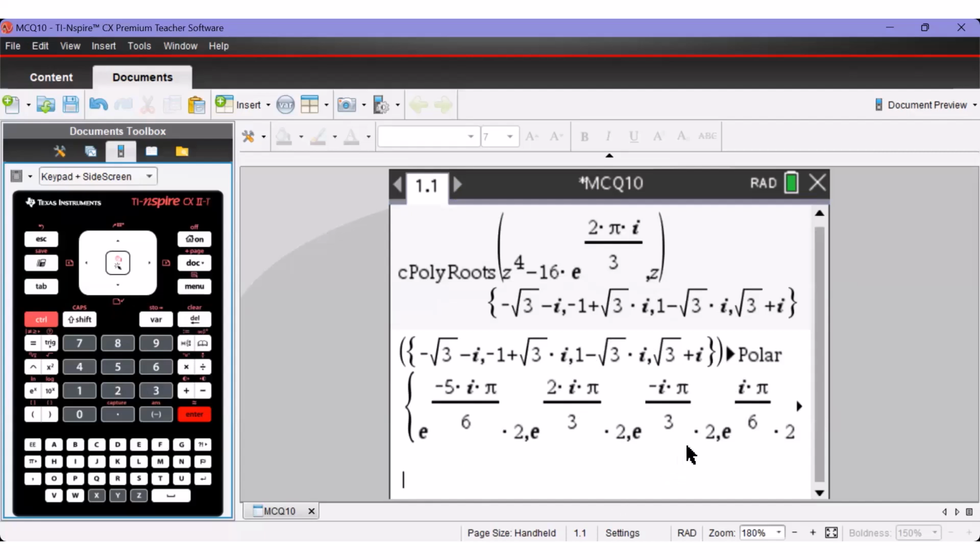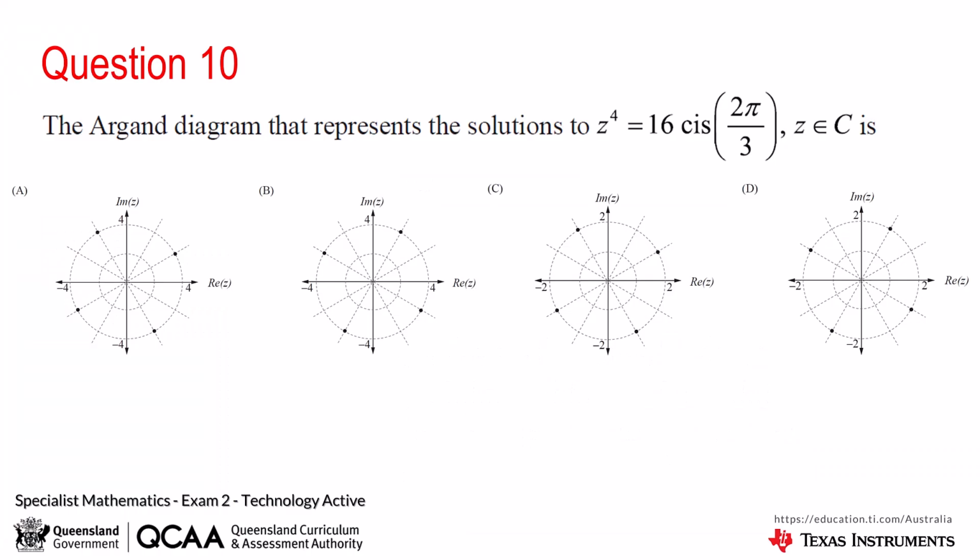And the fourth one is at 2 e to the negative pi i on 3. When you look at alternative C or alternative D, you'll find that those four solutions expressed in polar form match up with the solutions denoted in option C, and so alternative C is the correct answer.